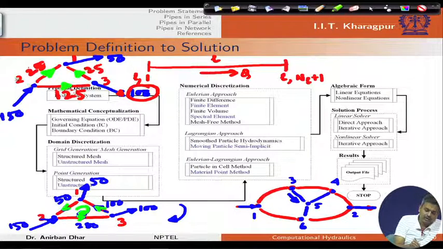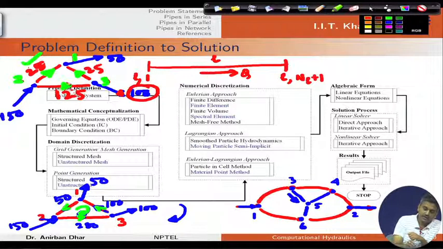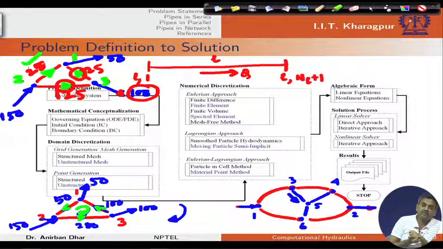So, for the pipes which are connecting the nodes 2 and 1, specifically this particular pipe, we will consider that flow is positive, and for these two pipes we will have negative discharge condition.